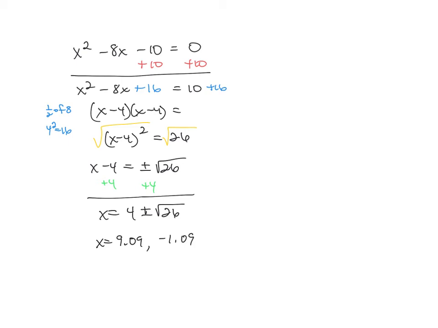They both kind of round off to like 0.1, so if you put 9.1 and negative 1.1, that's totally fine also. I don't remember what the worksheet says to do.